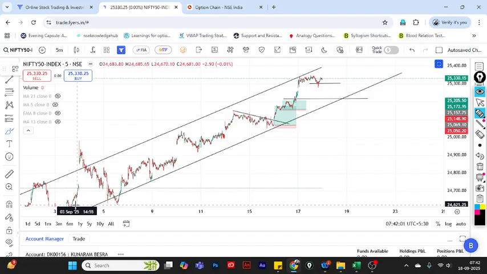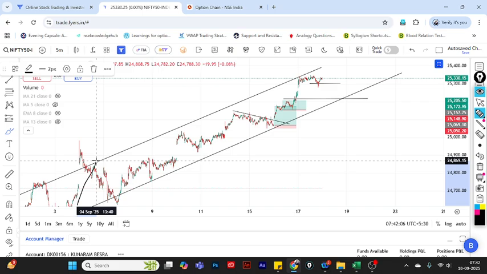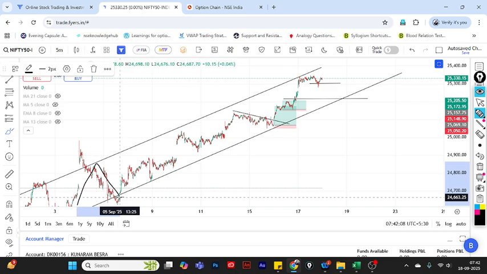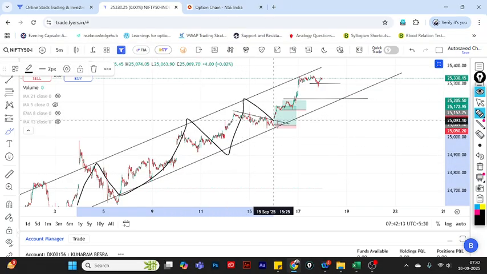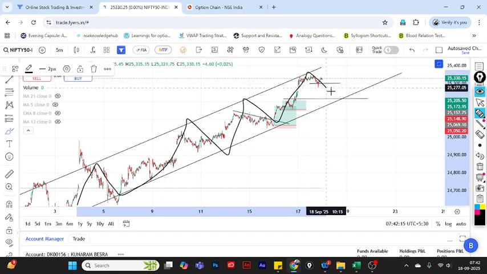See how the market went here, came down, hit the upper channel again, came down again, upper channel, and came down.